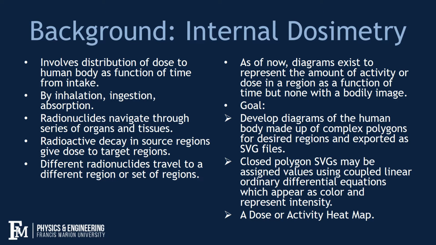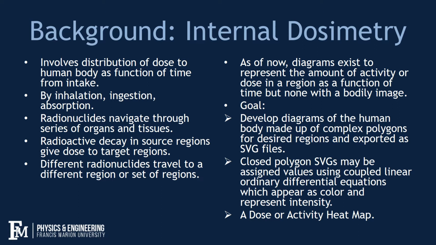So that brings us to the goal of this research, which is to develop diagrams of the human body, which we make of complex polygons of desired regions, and we export these as SVG files.